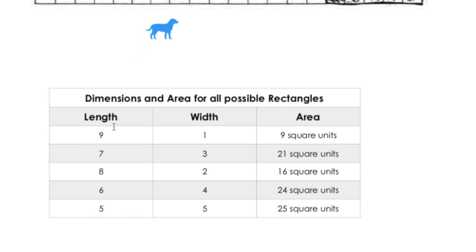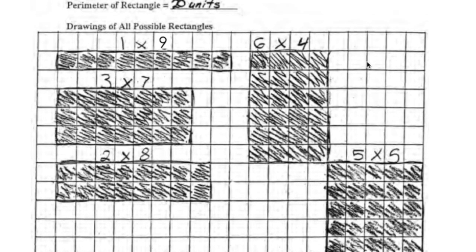So, my perimeter of 20 that has the length of 9 and width of 1 gives me 9 square units. Okay, not bad. My perimeter of 20 with 7 of a length and 3 of a width give me 21 square units. That's already significantly more.